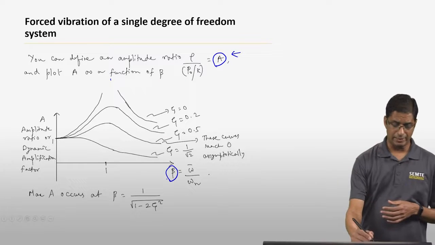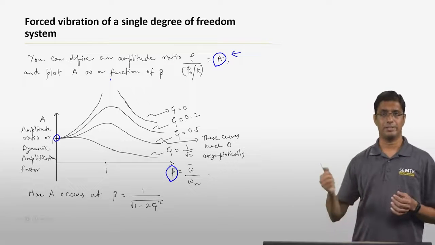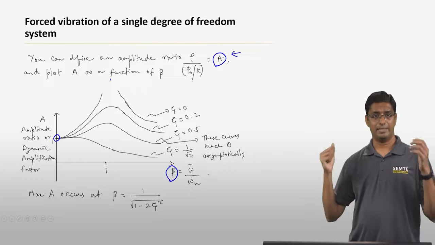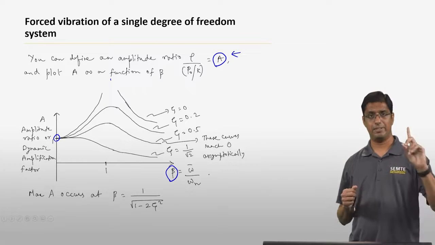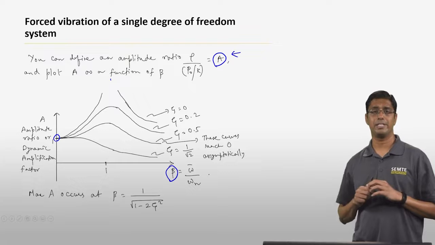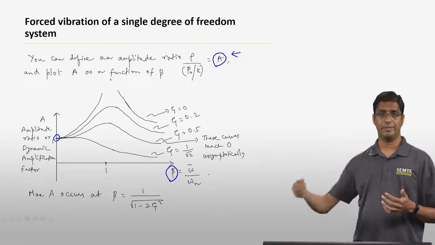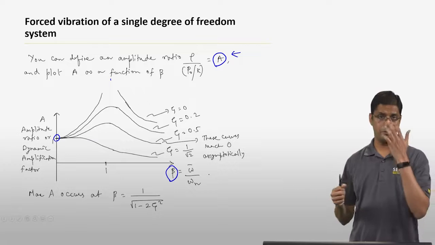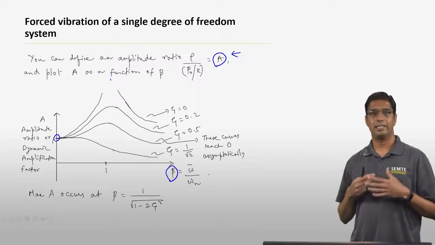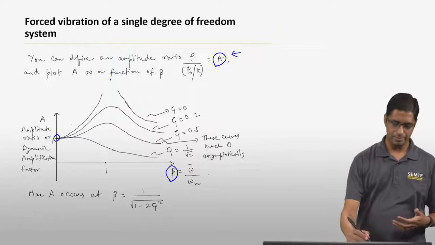Now, when beta equals 0, it essentially means that you have a constant load. Okay? And in that case, the amplification factor is always 1, irrespective of what zeta is.